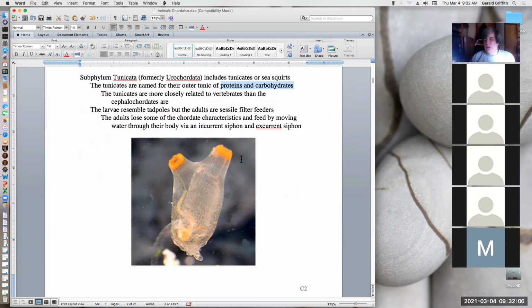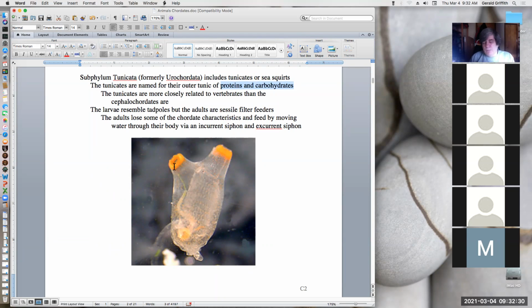They have an in-current siphon and an ex-current siphon, and the water kind of squirts out of their ex-current siphon, which is why they're sometimes called sea squirts. And again, they can actually get pretty good sized. They often live in colonial arrangements where you'll see a big clump of them on the sea floor.